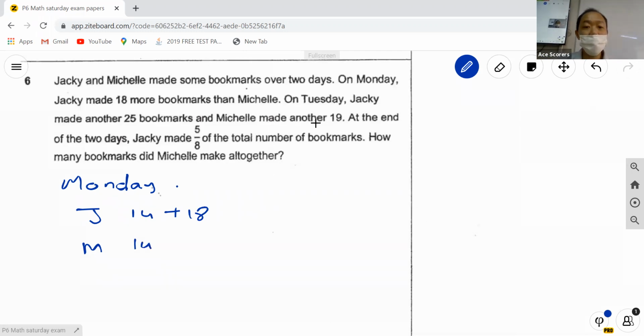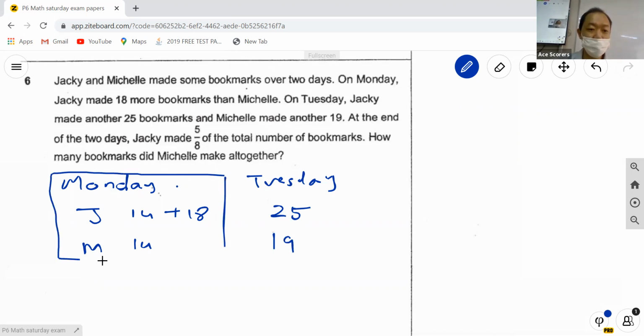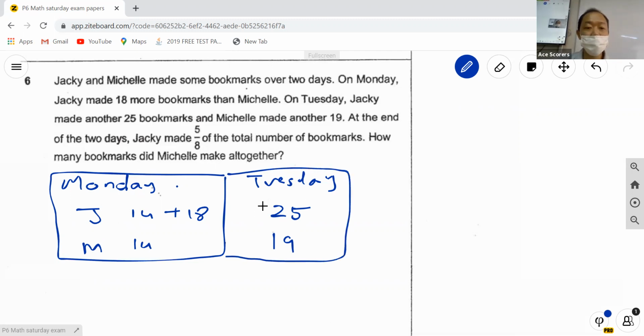Then on Tuesday, Jackie made another 25, so here is an additional 25, and Michelle made another 19. Don't worry, I will take a look at your answer. I'm sure there's some reason to that. So this is Jackie and Michelle. At the end of the 2 days, Jackie made 5/8 of the total number. So this is the total number, and this is like 5 parts, 3 parts.